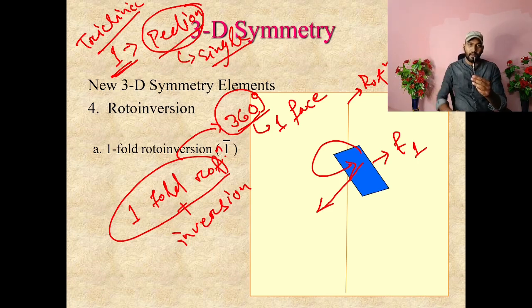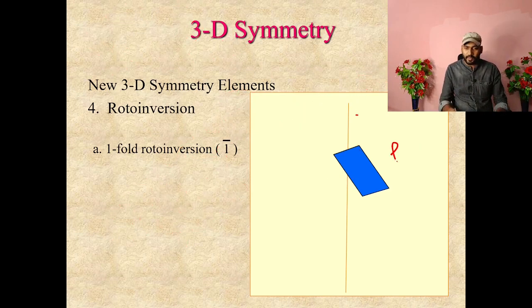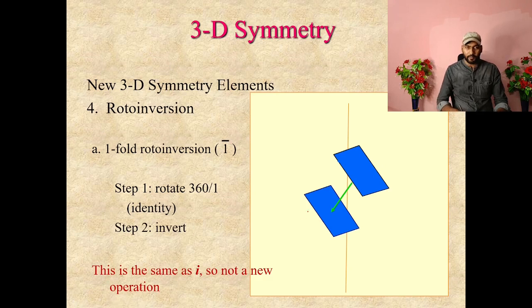Here this is the initial face F1. We have to rotate it 360 degree. In 360 degree we will not get any other face. This is the only one face, and then we will invert. When we invert, we will get another symmetric face. Now this is the symmetric face which is inverted through the center.